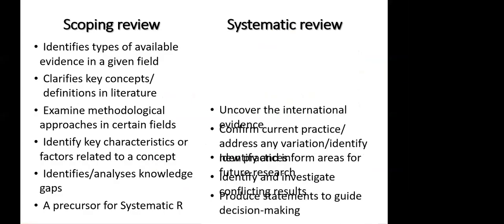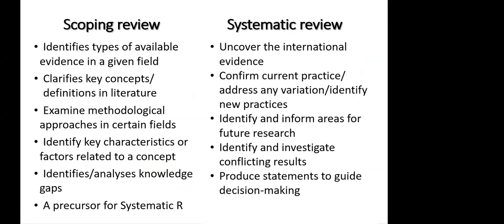In many cases, a scoping review is often confused with a systematic review, but these two are very different, and that is why when you look at the publications, they do specify when it's a systematic review and when it's a scoping review.